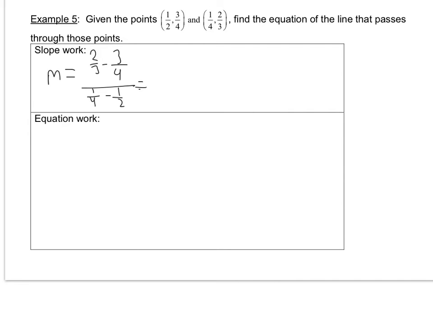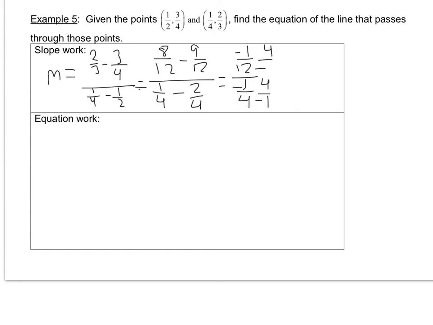So the top is going to be 8/12 minus 9/12, and the bottom is going to be 1/4 minus 2/4. So we get negative 1/12 divided by negative 1/4, multiplied by the reciprocal. So those negatives are gone, you get 1/3.